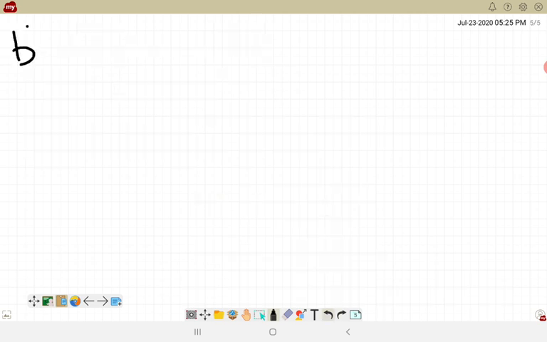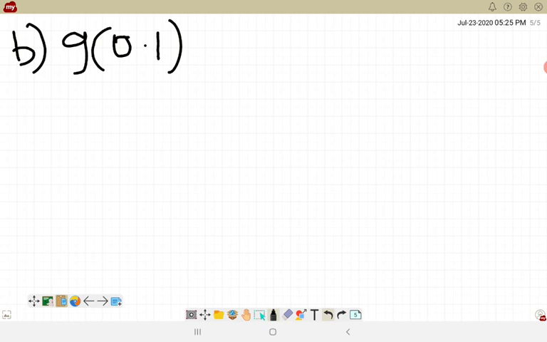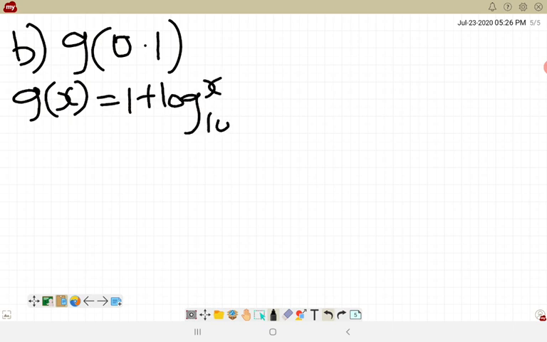C, g of 0.1. So write down your g of x once again. g of x is 1 plus logarithm of x to base 10.